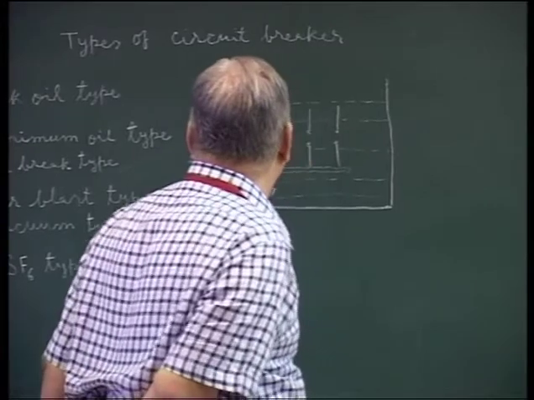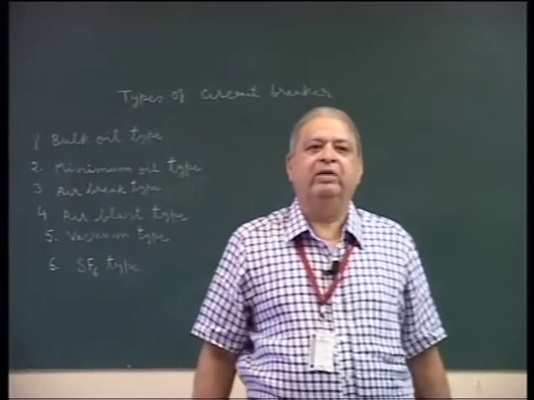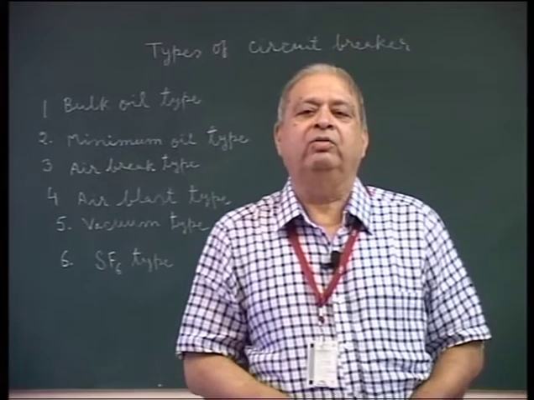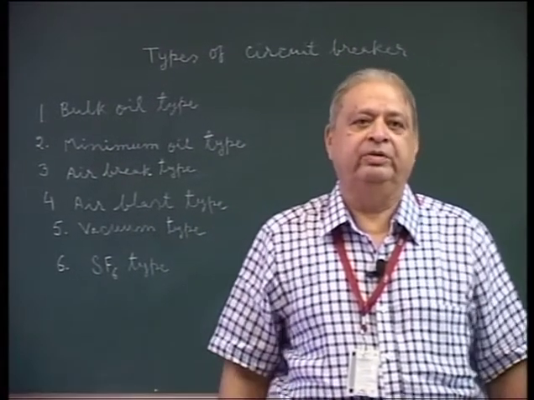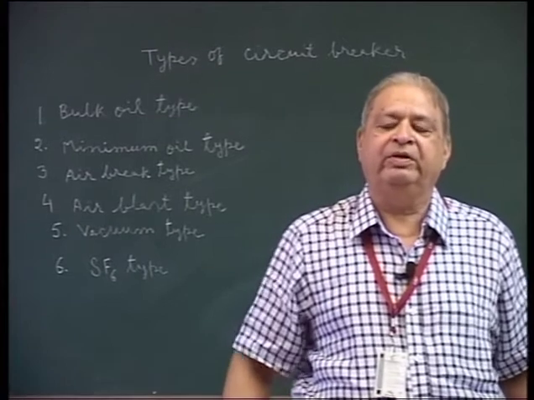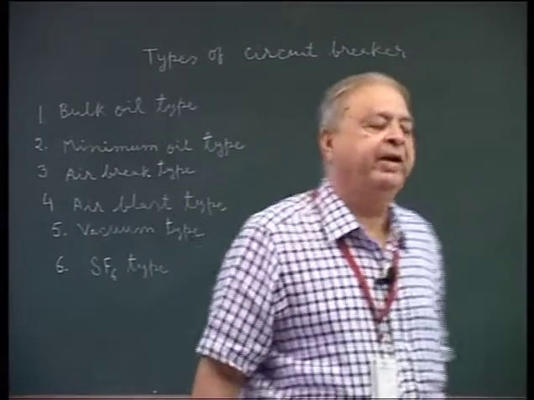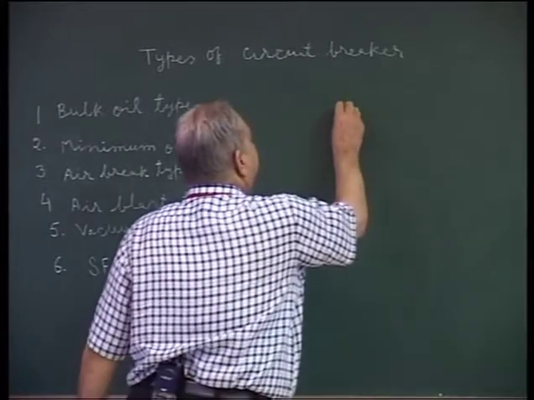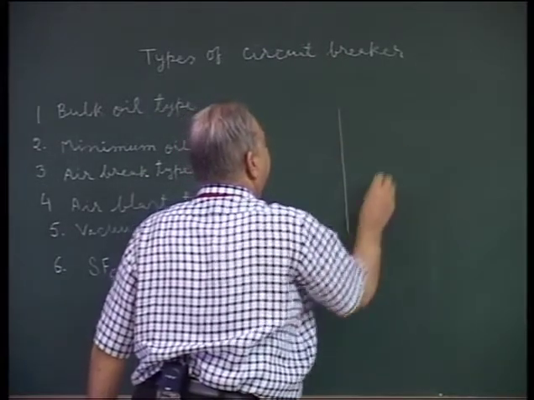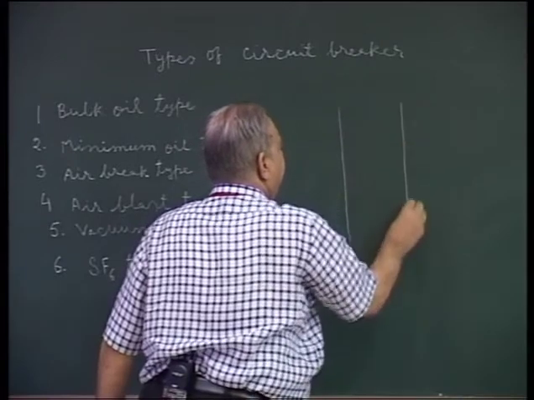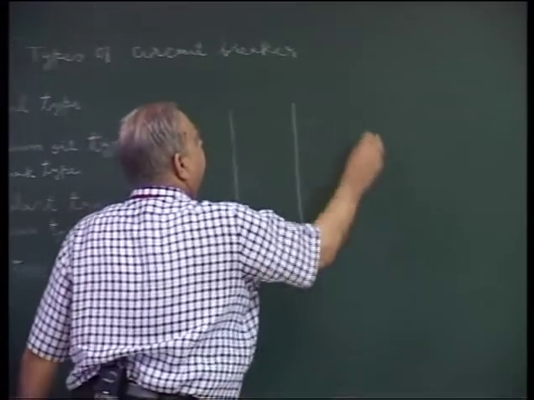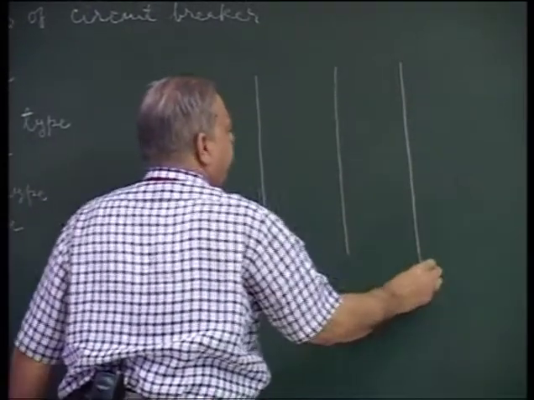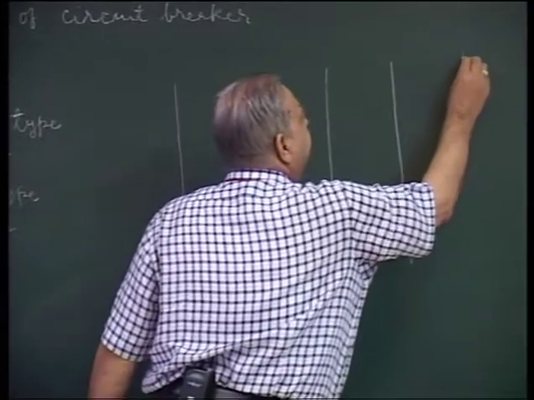So in minimum oil circuit breakers, oil is used only for quenching the arc and not for insulation. So all the three phases are provided in three separate insulators. This is an insulator for the R phase, and there is a separate insulator for the Y phase and a separate insulator for the B phase.